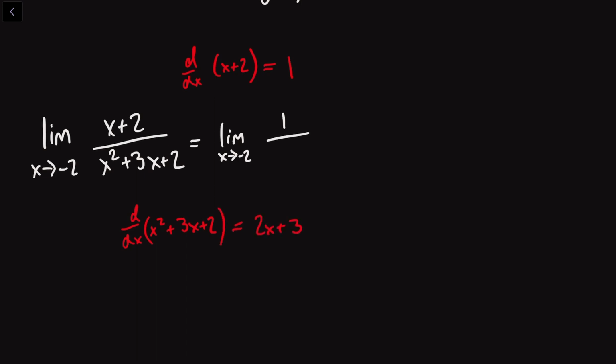So we put that down here. The same limit as x approaches negative 2, just the derivative of the numerator over the derivative of the denominator. And then we solve it like a limit. So we just plug in.